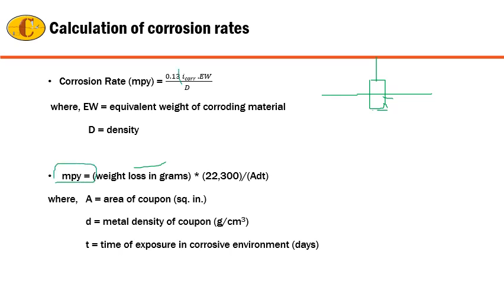Alternatively, you can use the corrosion current density found in the previous case and multiply it with the equivalent weight and divide it with density to get the similar corrosion rate. So the factor of 0.13 will change depending on what unit you're using.